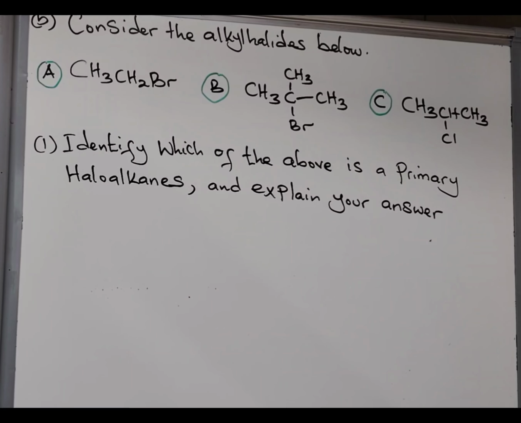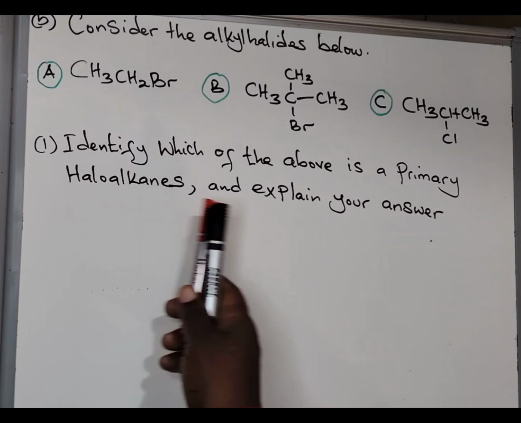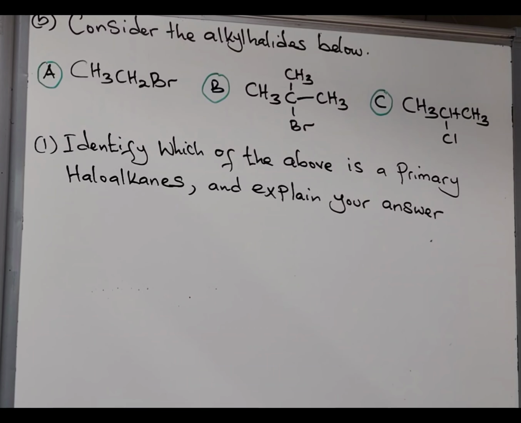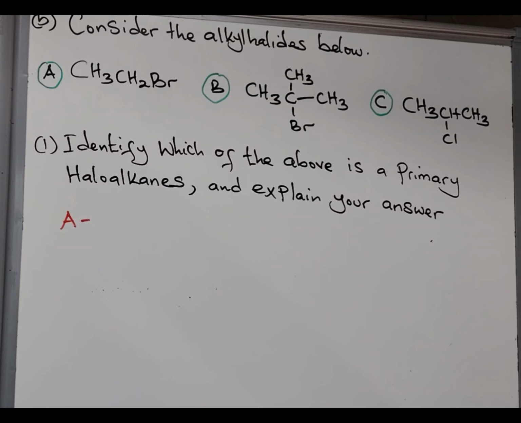Then comes this question. It says, consider the alkyl halides below. We have the A, B, and C. And it says, identify which of the above is a primary haloalkane and explain your answer. Okay, which one is a primary? Answer is A. A is the primary haloalkane.